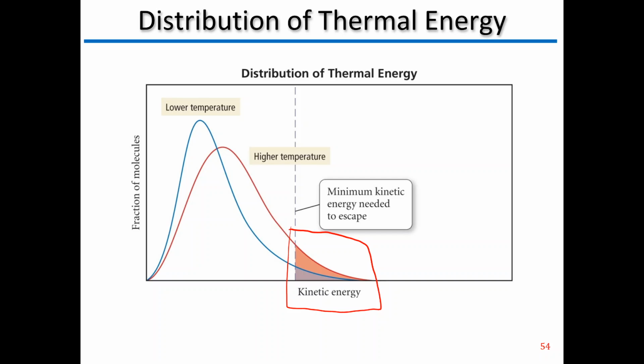And if we increase our temperature, now there's a larger fraction or a higher percentage of the sample that has enough energy to break away from liquid to a gas.